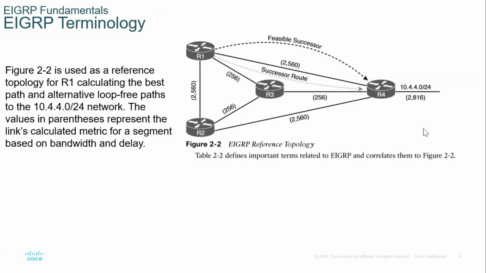Back to this topology, katalah sekarang router 1 akan calculate the best path. Di sini router 1 dia ada beberapa pilihan. Satu daripada router 1 terus ke router 4 then ke network 10.4.4, which is 2560 plus 2816. So that becomes like 5300 something kan. Ni satu path.